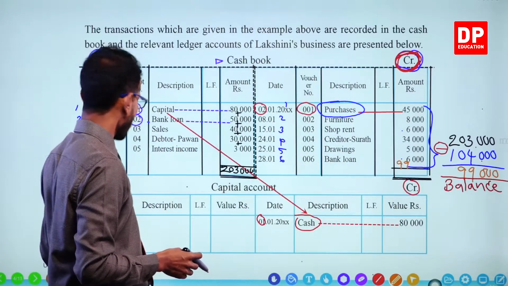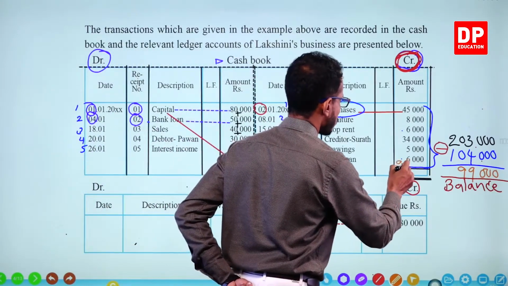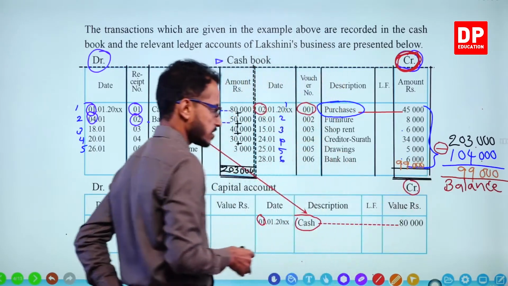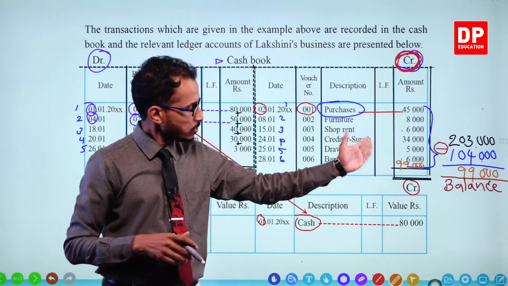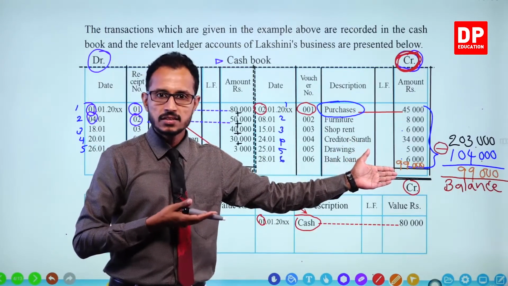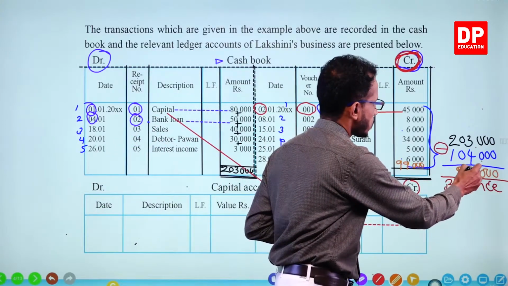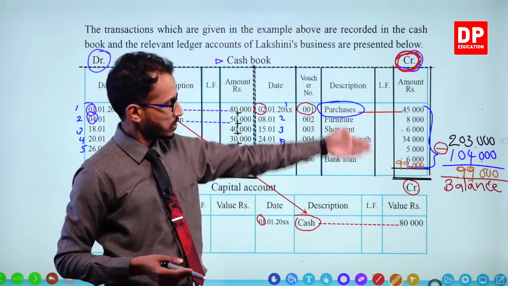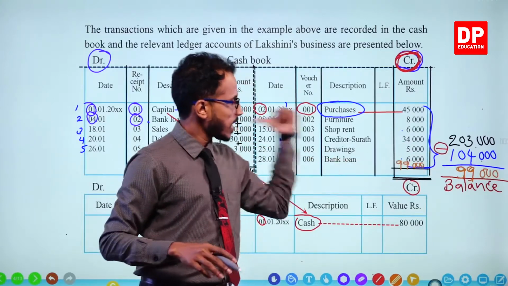You write that answer, the difference. You put the difference to the side which is short. This is the shortage, 99,000. The credit side is short by 99,000. Short means lesser by 99,000 than the debit side.